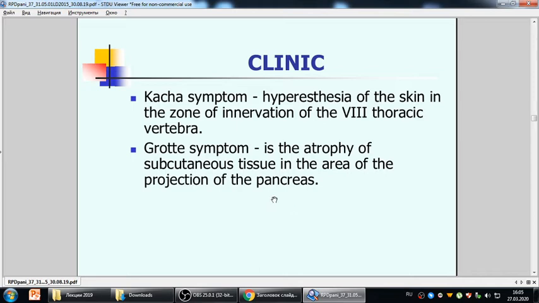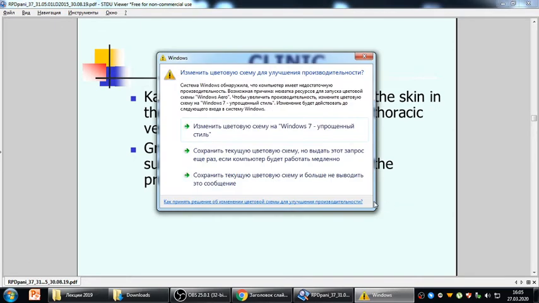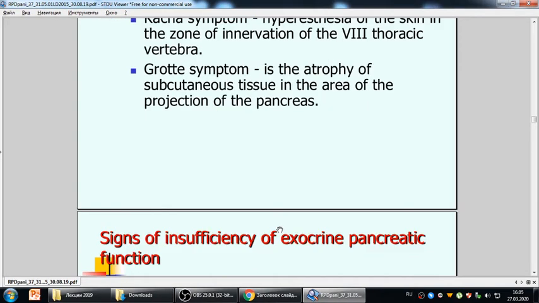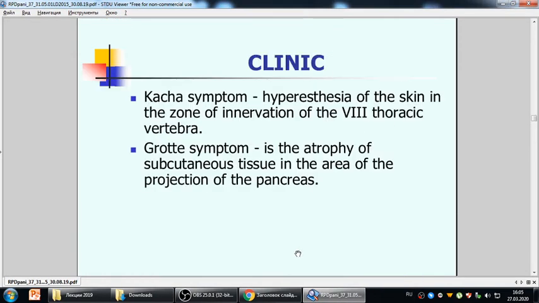Clinically, we can also distinguish symptoms like Kacha symptom and Grott symptom. Kacha symptom is hyperesthesia of the skin in the zone of innervation of the 8th thoracic vertebra. And Grott symptom is the atrophy of subcutaneous tissue on the area of projection of the pancreas.